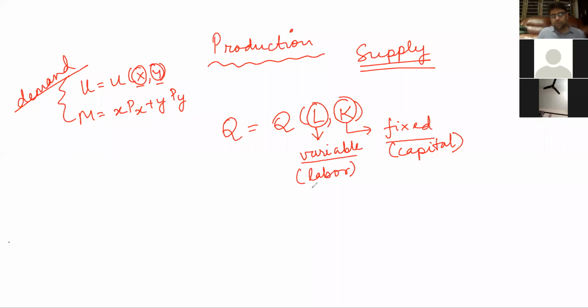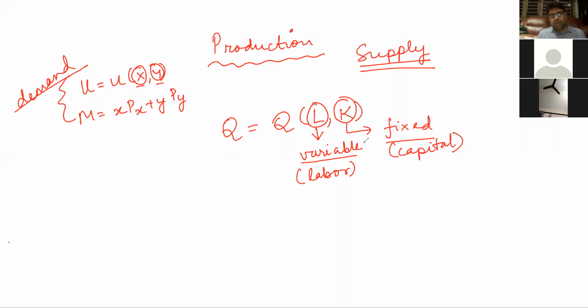Variable is also called labor, but labor is only a word. All the variable factors that go into the production is termed as L, and all the fixed factors are clubbed and termed as capital. Okay, so it's a very simplistic model wherein we have only two factors of production.